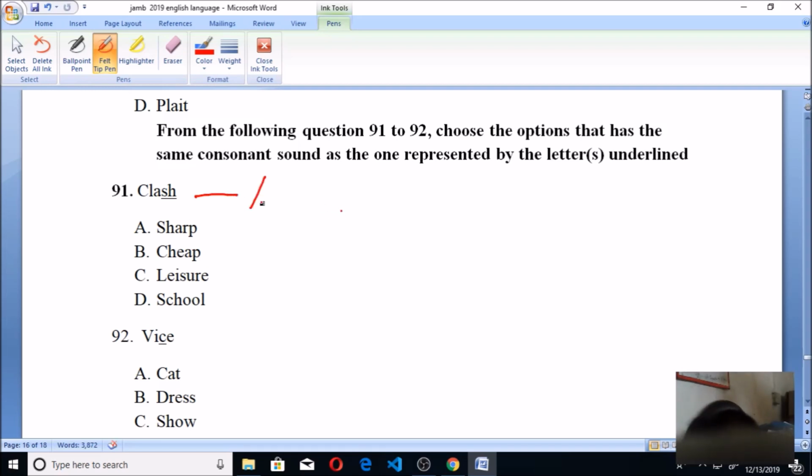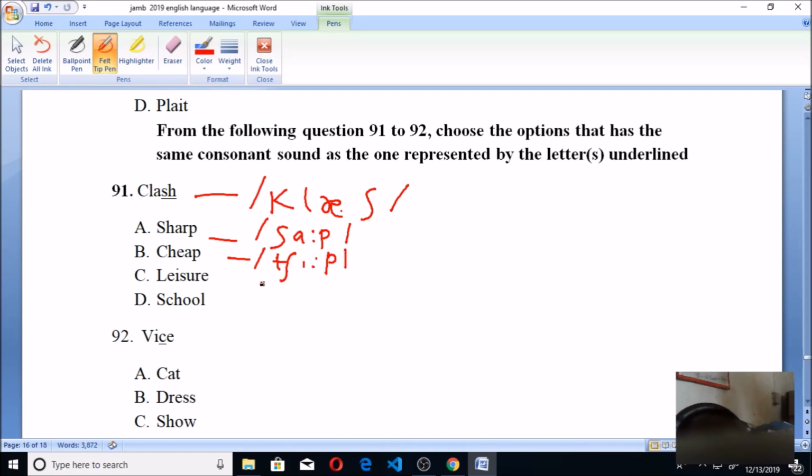So how do we transcribe clash? This is how we transcribe clash. Now we have sharp. That is how we transcribe sharp. Then we have cheap, long E sound.